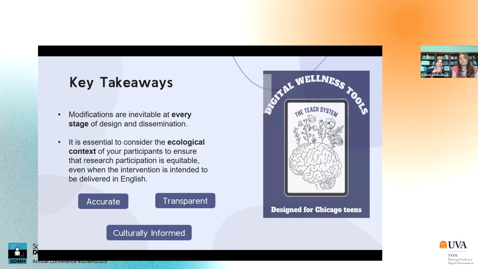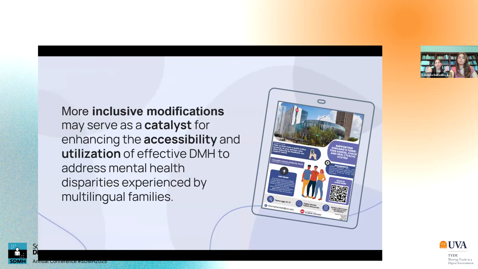So it's important to be accurate, transparent, and also culturally informed when engaging with multilingual families. And lastly, why do we care? It's because more inclusive modifications may serve as a catalyst to enhance the access and the use of effective digital mental health tools to address mental health disparities experienced by multilingual families.